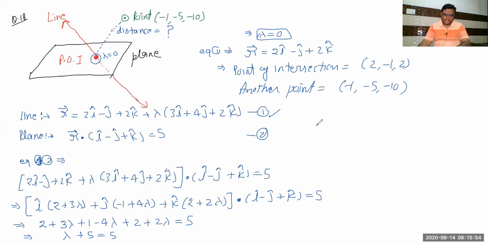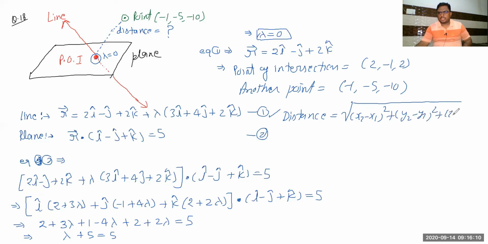Now we want to find out the distance between them. So distance can be obtained by the distance formula, which is very simple. Square root of x2 minus x1 whole square, y2 minus y1 whole square, and z2 minus z1 whole square.